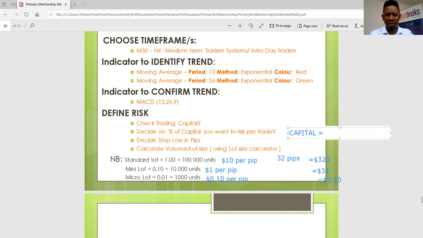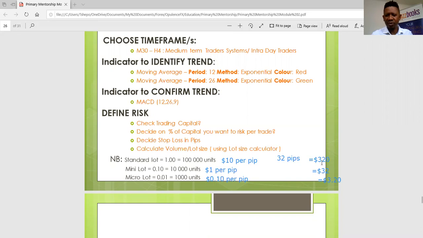If you've got $1,000 and you lose 320, it means you have lost over 30% of your capital in one trade.